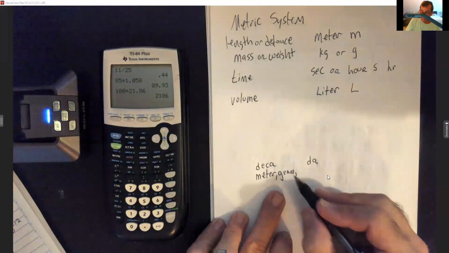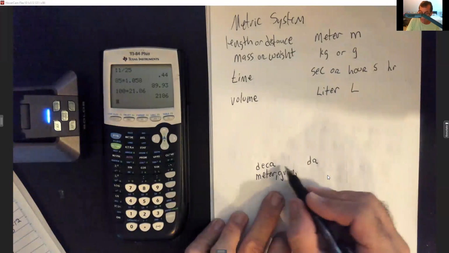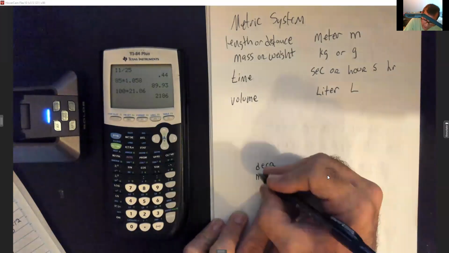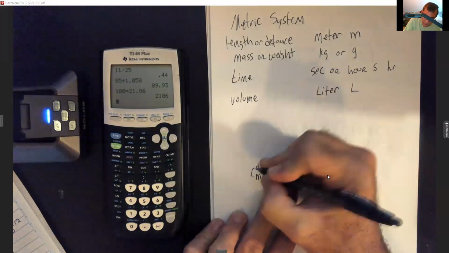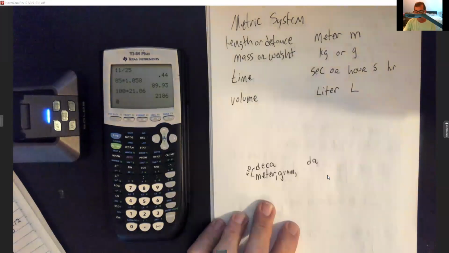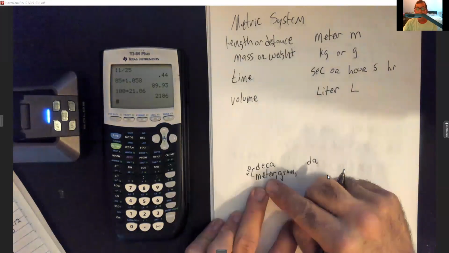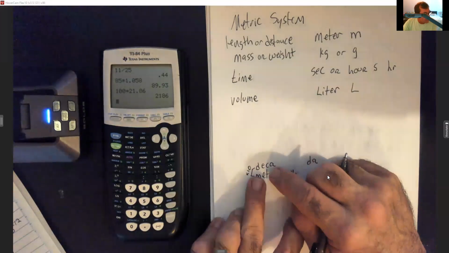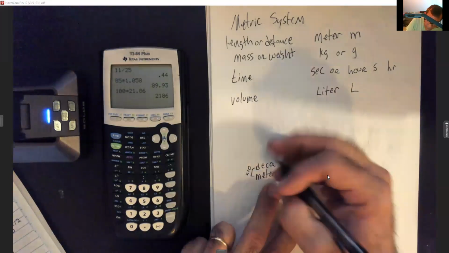So you have a decameter or a decagram. That means that this is 10 meters, because you multiply by 10 to go from a basic meter to a decameter.